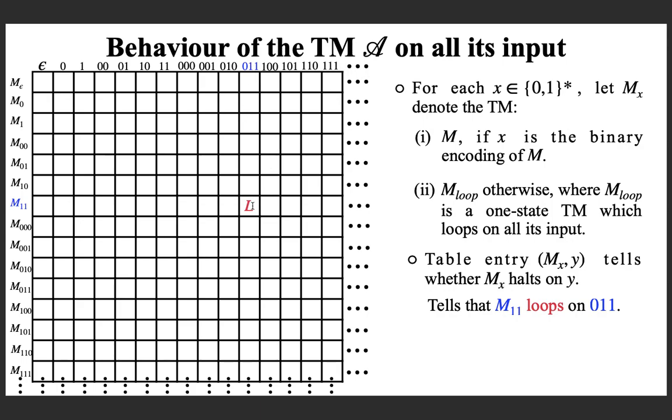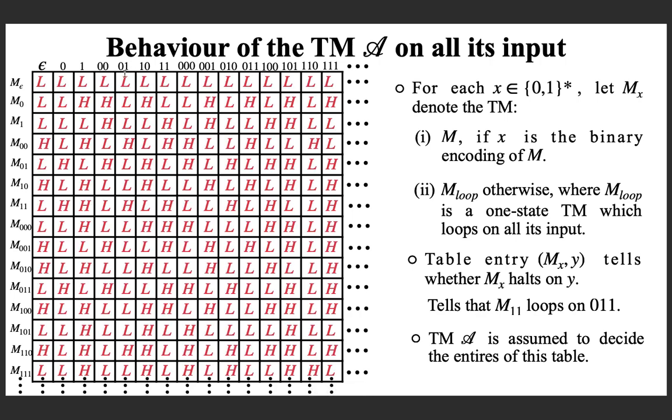And what is an entry? That is the outcome of the assumed Turing machine A. What are the possible outcomes? H or L. L means Mx loops on y. H means Mx halts on y. So every entry is H or L.